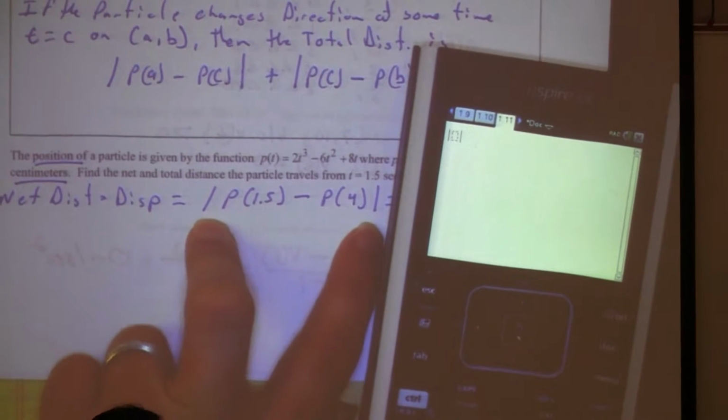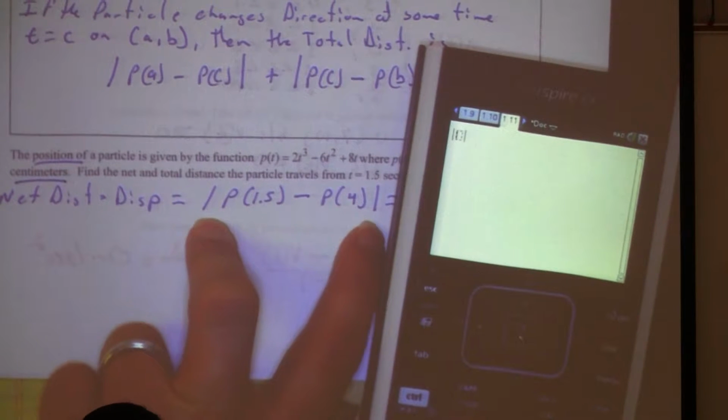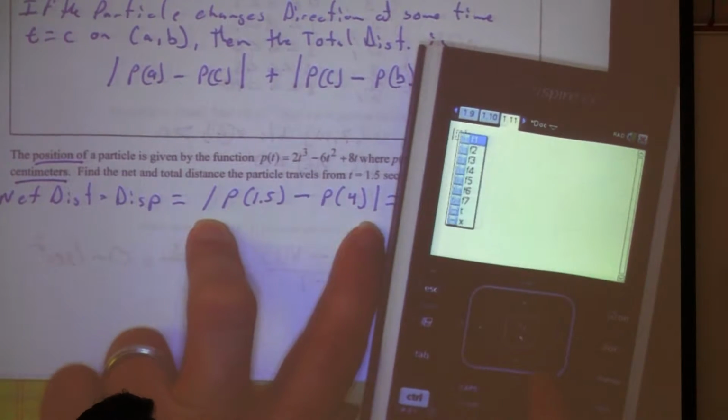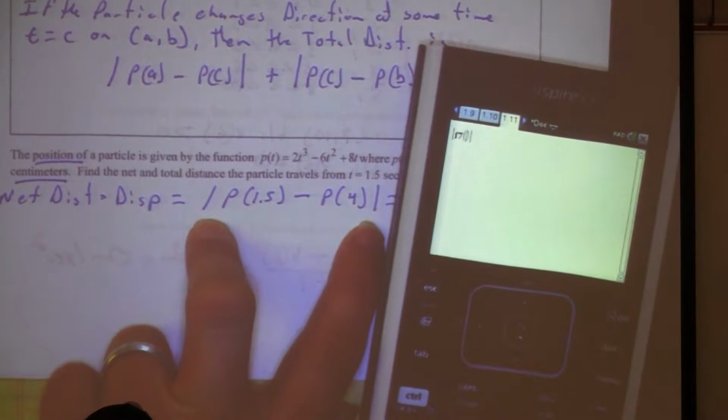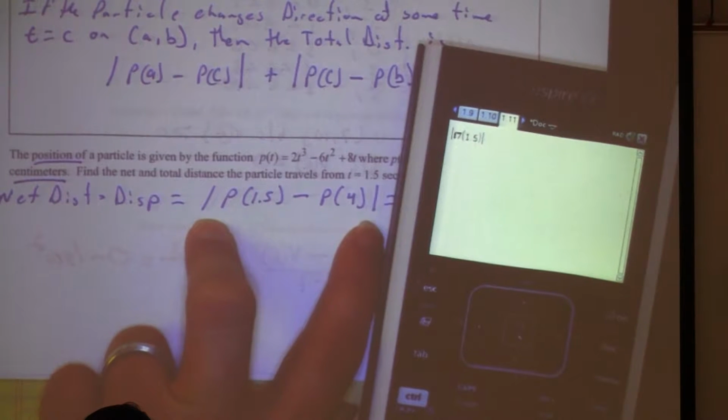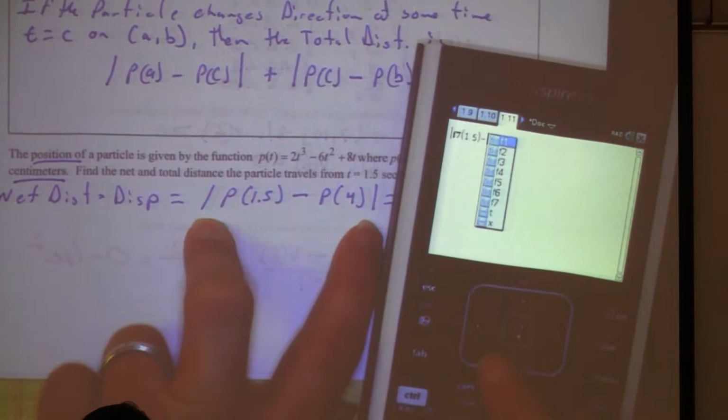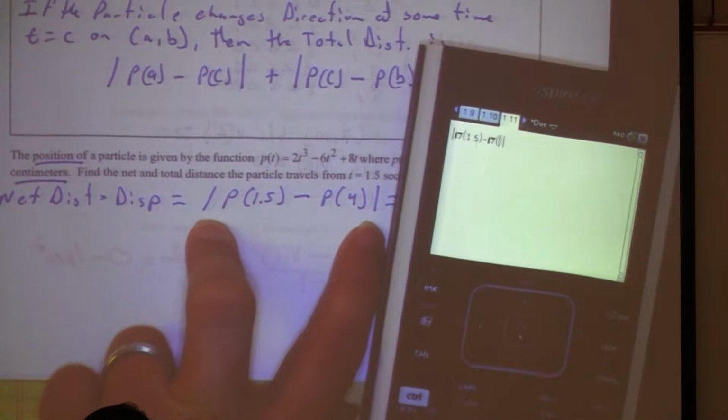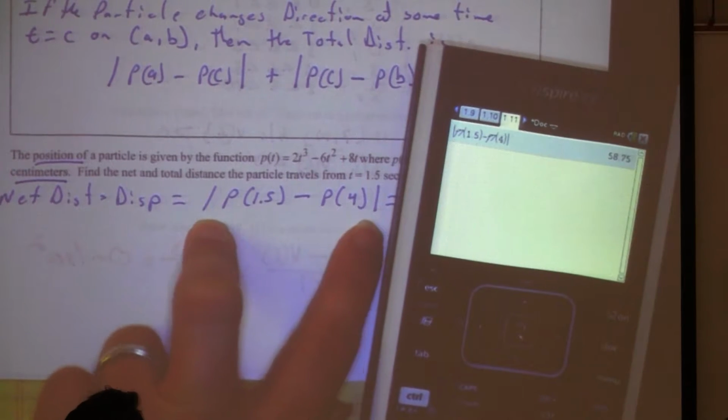So the absolute value, and now I'm going to enter the function that I've saved. I'm going to go to vars, the button on top of 9, and pick F7 because that's the one that I used. So I'm going to do F7 at 1.5, minus vars F7 at what? 4. And bam, it gives me the answer.